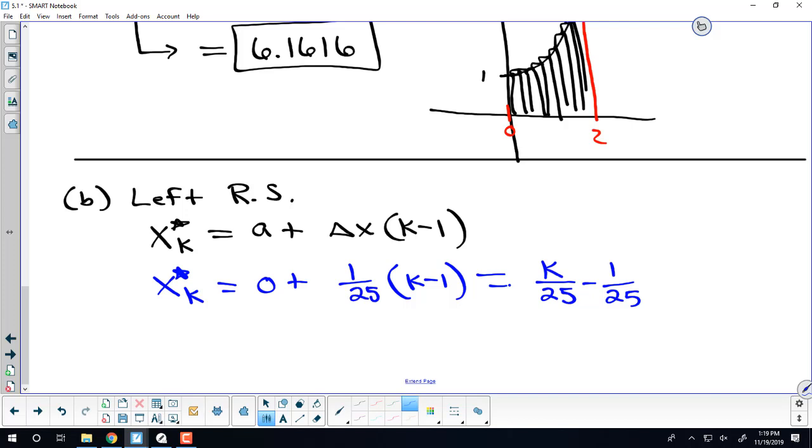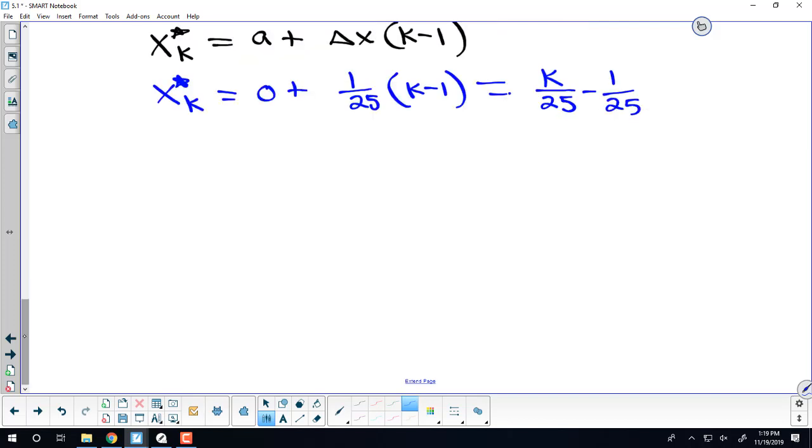Okay, let's write this down and I want to pause for a moment. This is our x star, so then what does our left Riemann sum look like? It's the sum from k equals 1 to 50 of what?